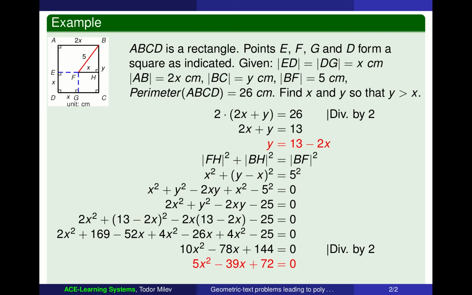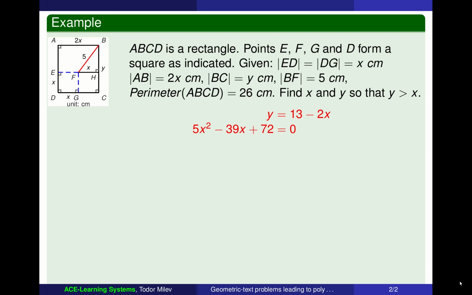So let me do that right now. The two highlighted formulas are going to be left, and most of the other formulas are going to be hidden. There we go. And I'm going to move my formulas to the side. So y equals 13 minus 2x, and 5x squared minus 39x plus 72 is equal to 0.